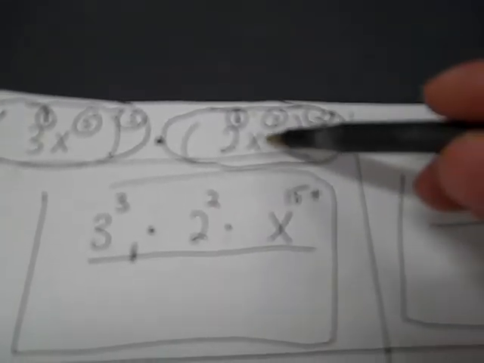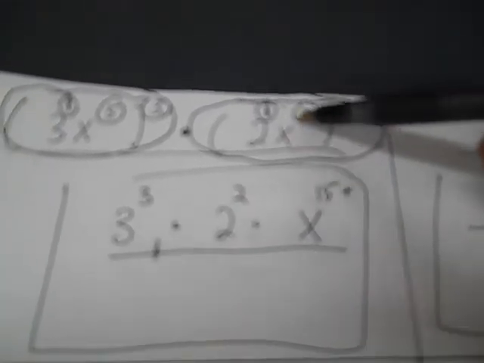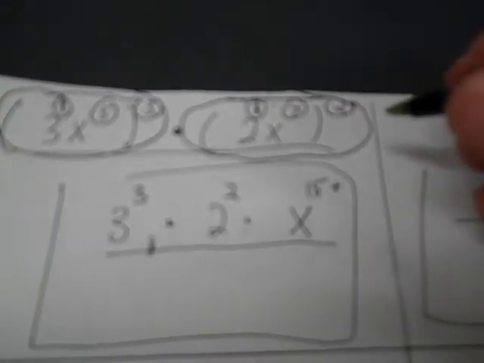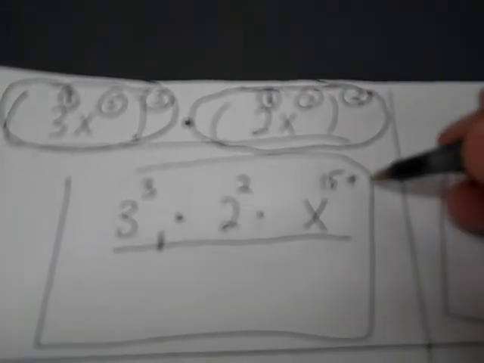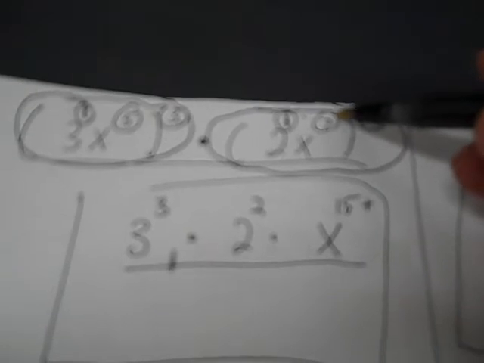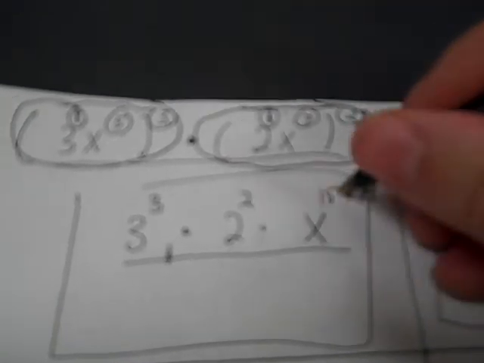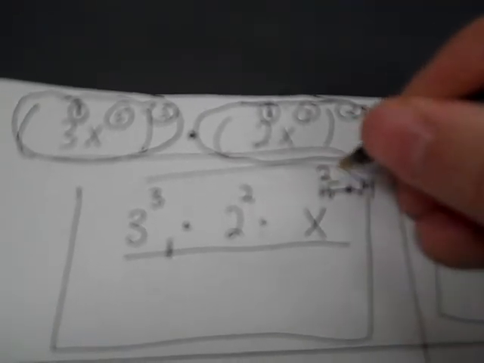And then right here is my other x. Now it's to the power of 7, but again I circled it because anything that comes out of here needs to be multiplied by 2. So 7 times 2 would be 14. So I don't write 7, I don't write 2. I write the product of when I multiply 7 by 2, and that's 14. Okay, now 15 plus 14 is 29, so it's x to the 29th power.